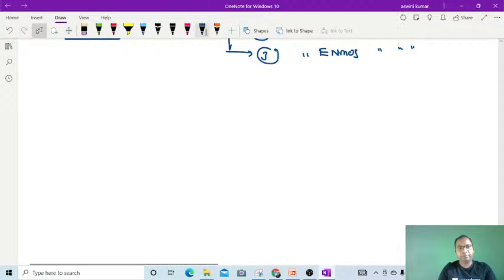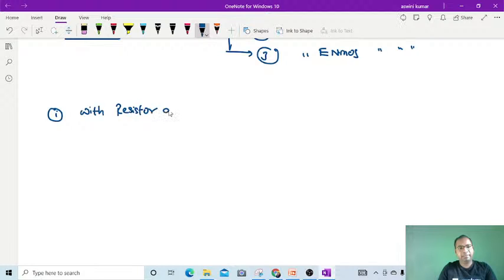The first one, NMOS inverter with resistor as a load. So in this case, take one resistor.